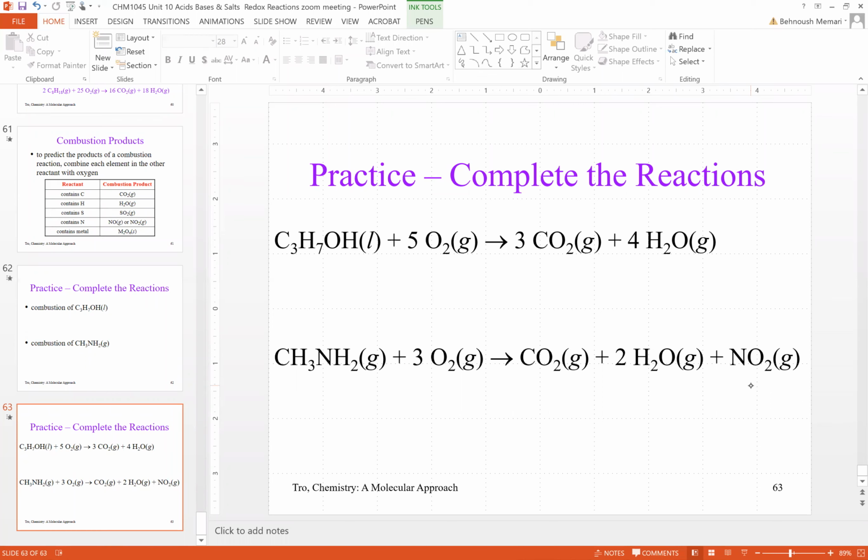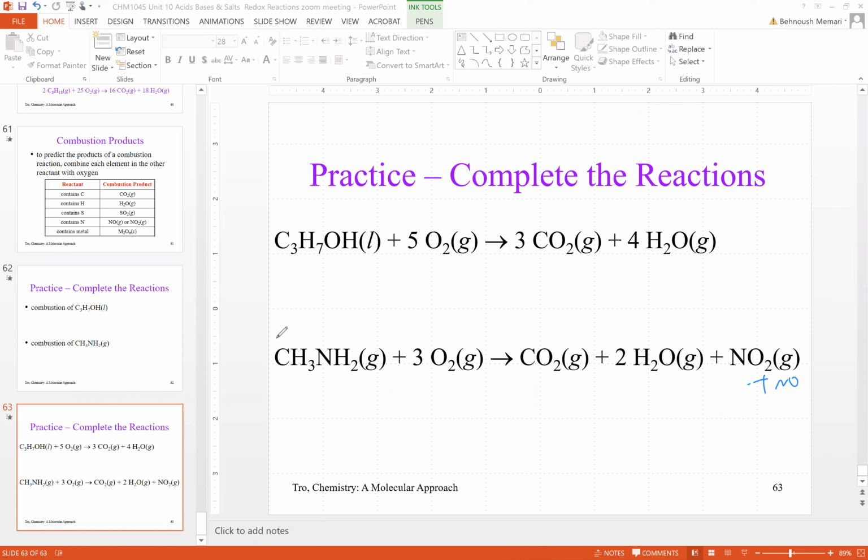It was a solved problem, but this is not correct, and we need to correct this one. It could be that there is also a product of NO here. I'm not sure, but it doesn't match.